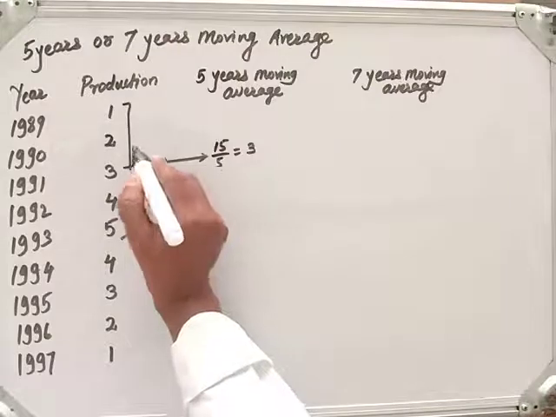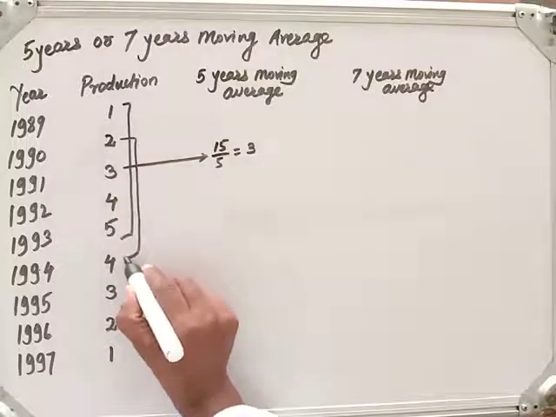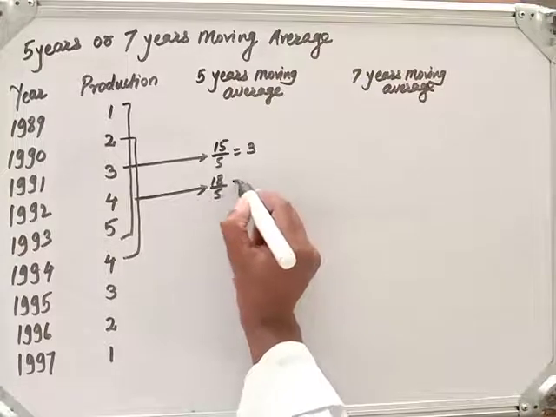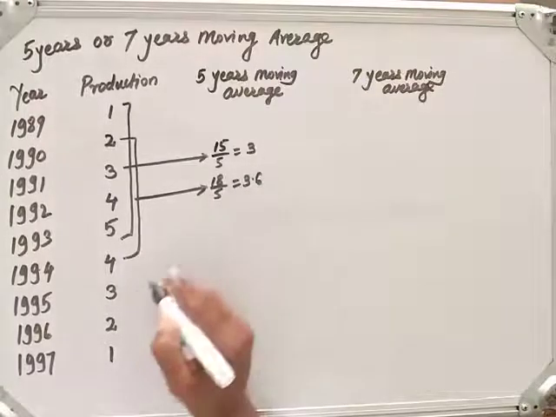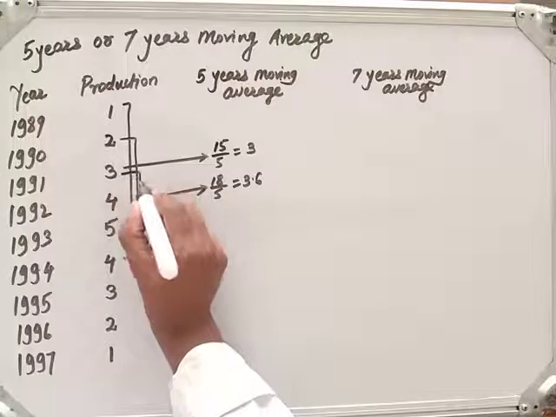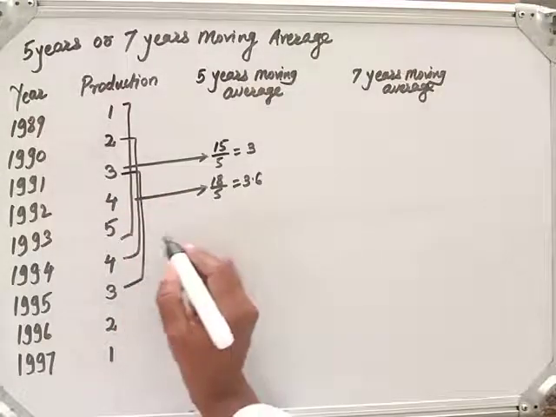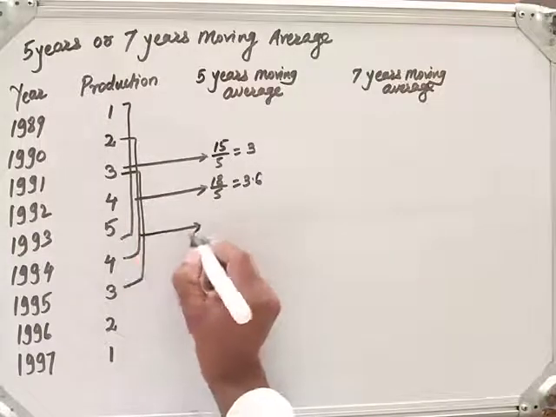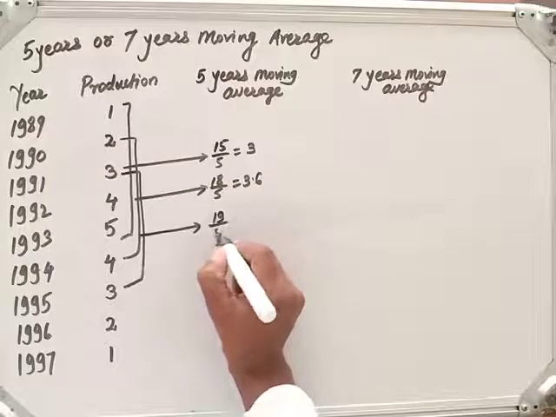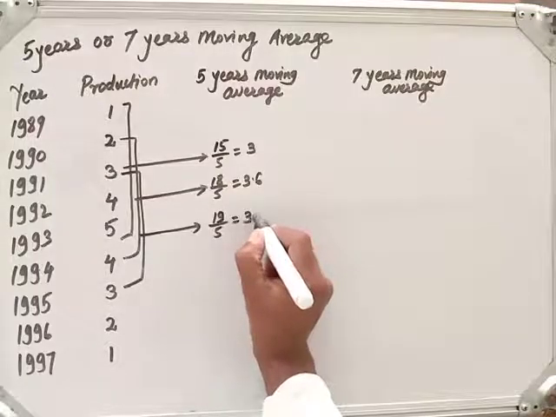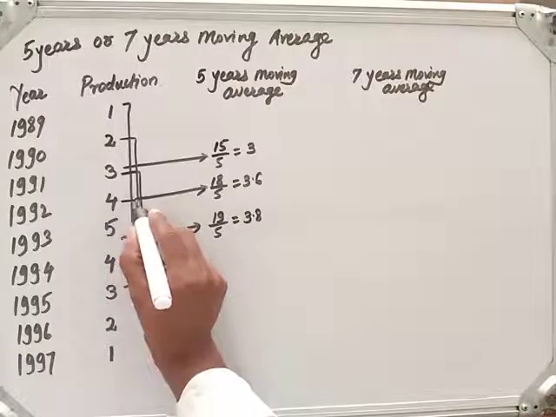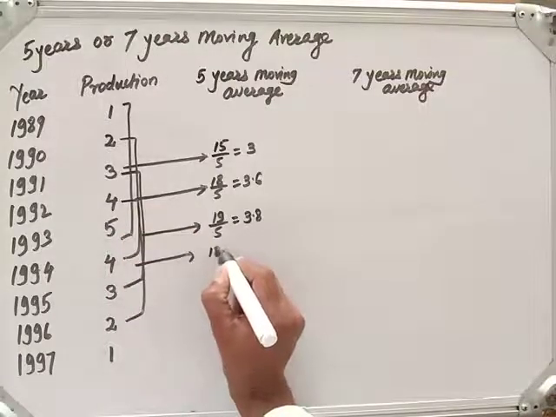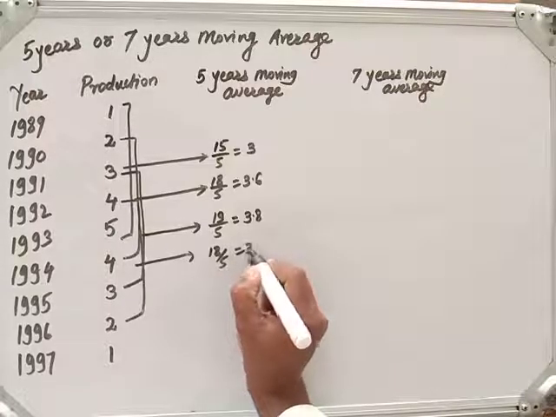Then again the next 5. That total is 18, divided by 5 is 3.6. Then again the next 5. The total is 19 divided by 5, which is 3.8. Then again the next 5. That total is 18 divided by 5 again, so it is 3.6.